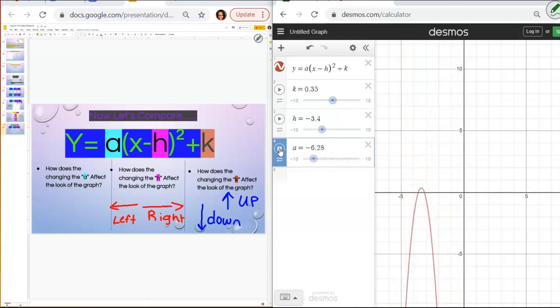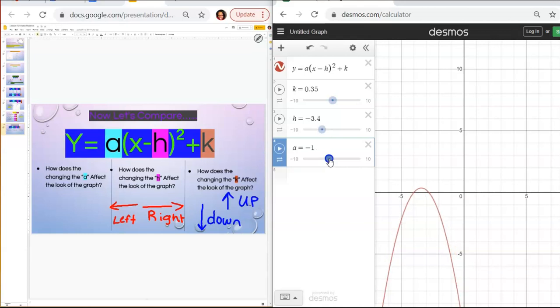All right. So what do you see is happening here? First, it looks like the graph is flipping up, and then it looks like it's flipping down. But if we pay close attention and slow it down, let me stop here.